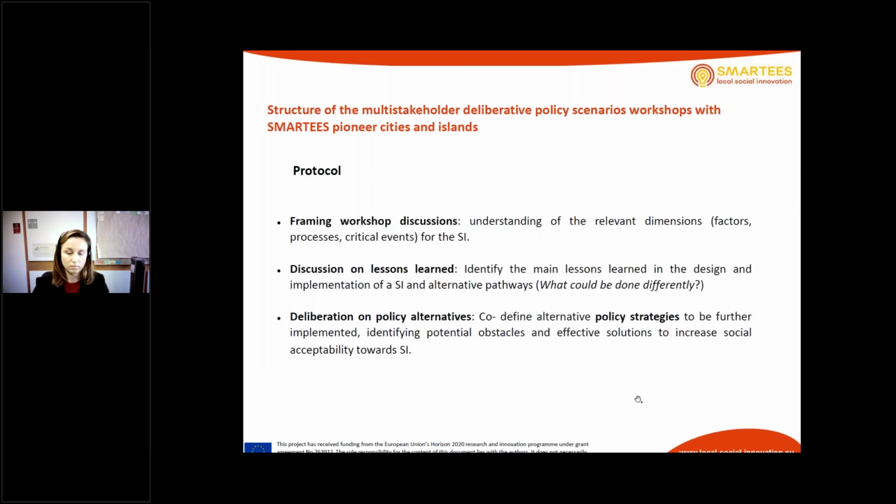We have no time today to introduce a very large description of the policy scenario workshops and their protocol, but I would like to say that these policy workshops consisted of structured iterative processes of deliberation involving small groups and plenary sessions, individual reflexive work and visioning exercises aiming at learning from the experience and developing a series of alternative policies based on the diverse perspectives and backgrounds involved in the workshops.